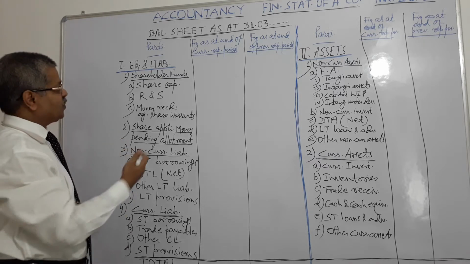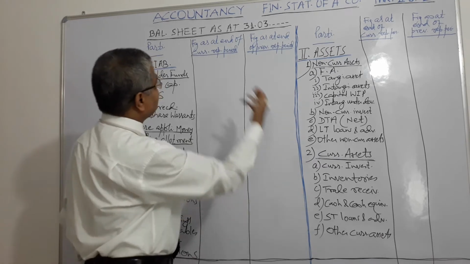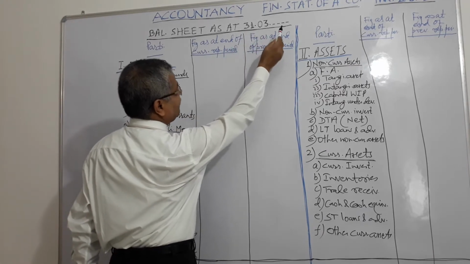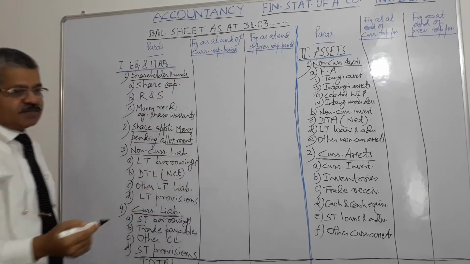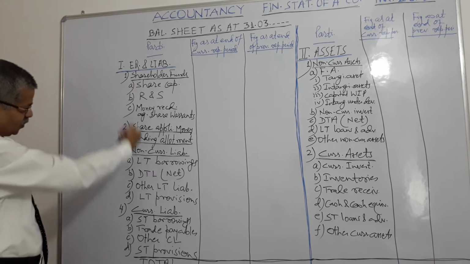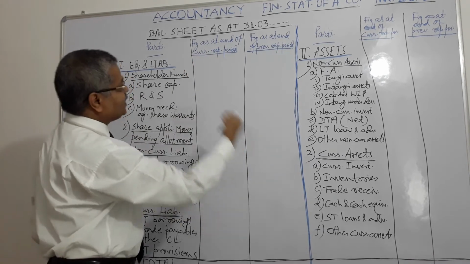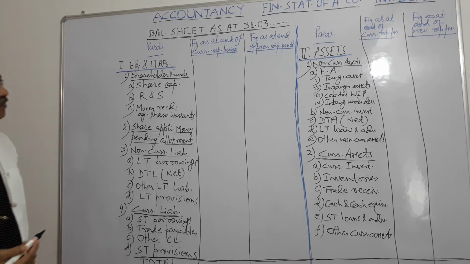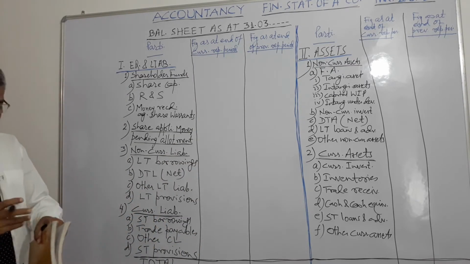It shows the position of liabilities and assets as at the end of a period. If it is 31/3/2020, it represents whatever is the position of liabilities and assets as at the end of 31/3/2020, right? So now we go ahead.